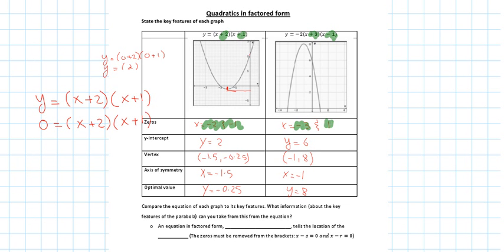If I have a times b equal to 0, when would that be true? What if a is 0? Then it's 0. What if b is 0? Then 0. So either one of them has to be 0 for the equation to be true.